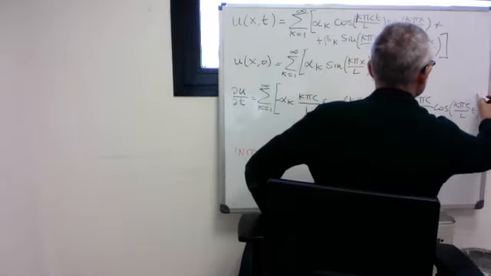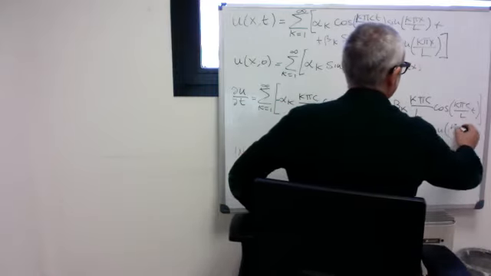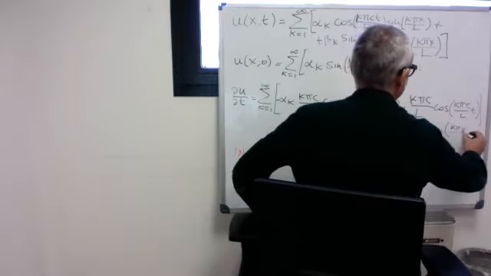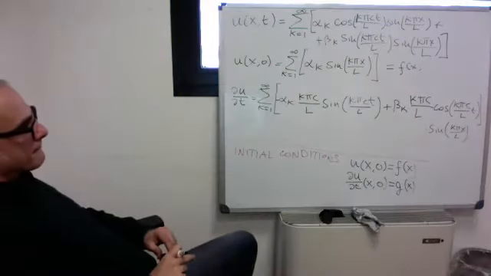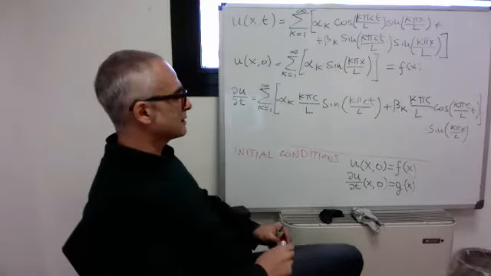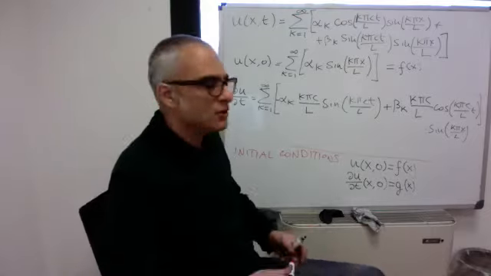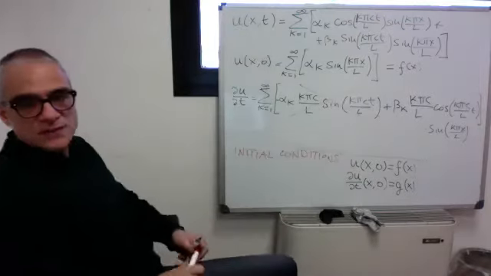And of course, this is all multiplied by the sine of k pi x over L. But now, again, at time t equals 0, the sine of 0 is 0. So this first term here goes away.